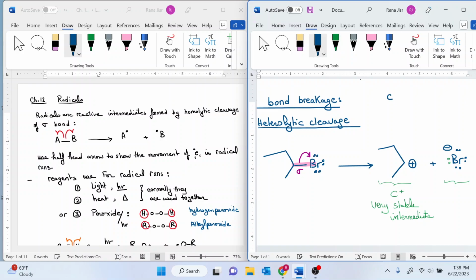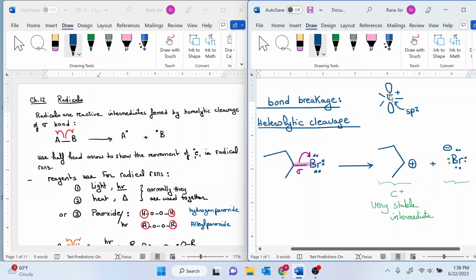A carbon has a plus charge whenever it has three bonds. Carbocations have an empty p orbital, and because they have three bonds, their hybridization is sp2, which is planar in this case.